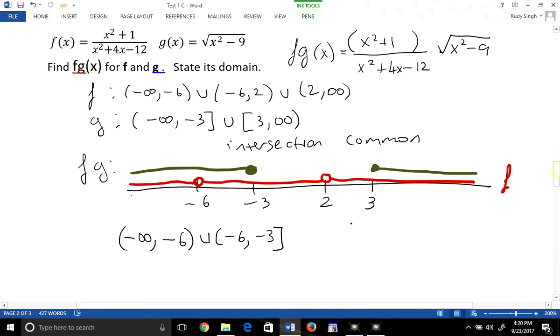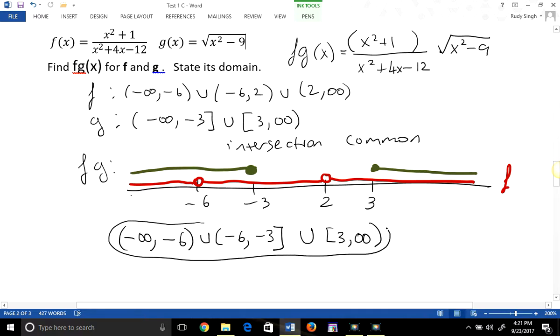So negative 3 is included, and then we union that, and on the top side we have to go anywhere the green and the red overlap. They overlap right here on this side, so we're going to go from 3 to infinity. So that's the domain of this function, which is the product of those two functions, and it's the intersection of the domains of those two functions.